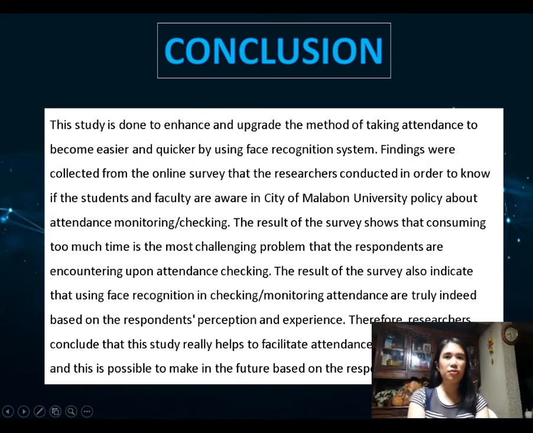The result also indicates that using face recognition in checking and monitoring attendance is truly helpful, based on the respondents' perception and experience. Therefore, researchers conclude that this study really helps to facilitate attendance checking and monitoring, and this is possible to implement in the future based on the responses of respondents.